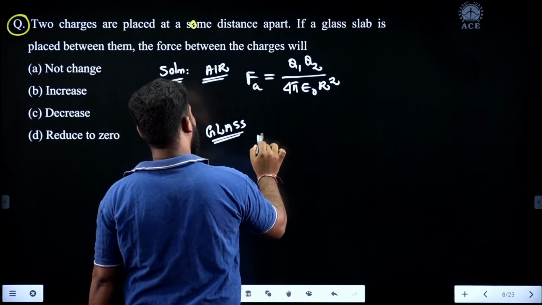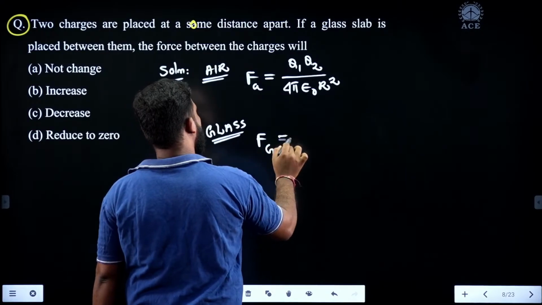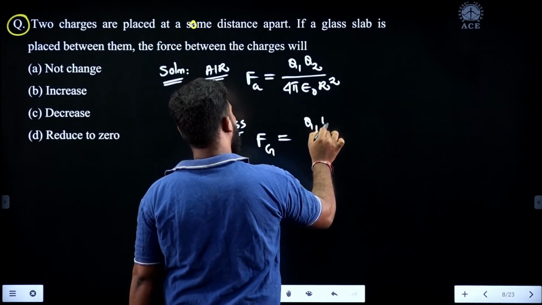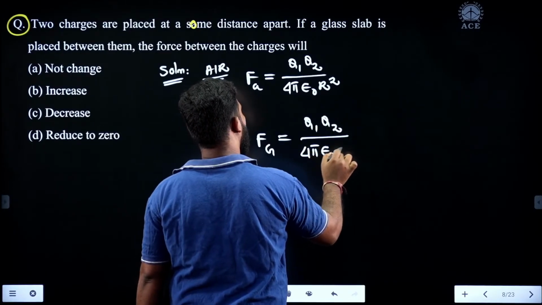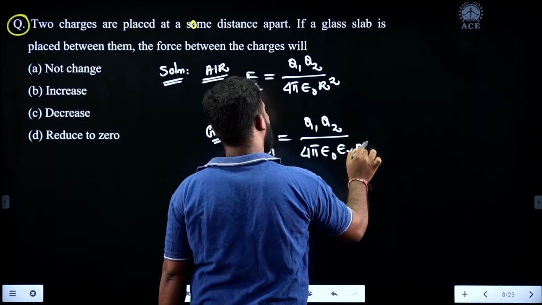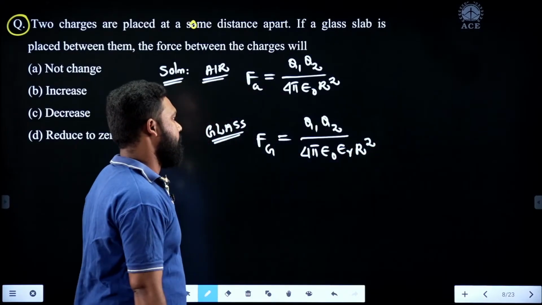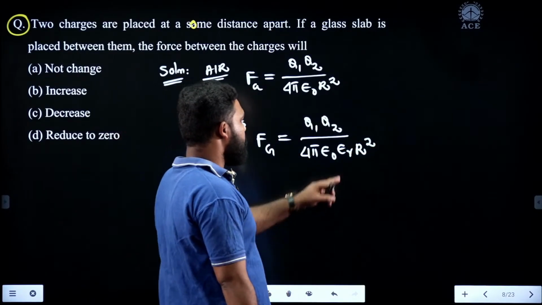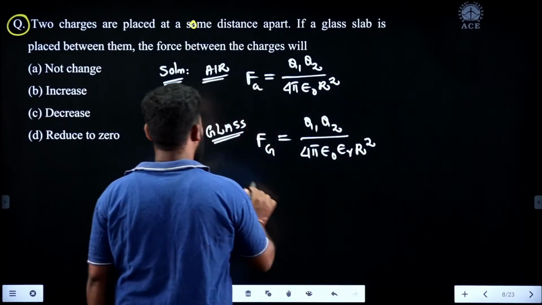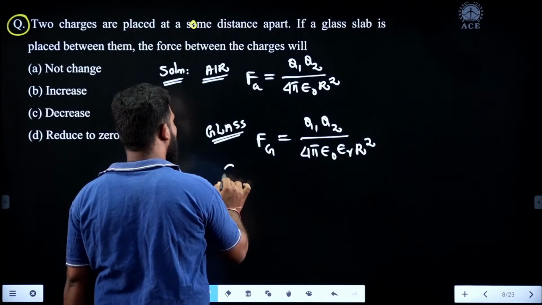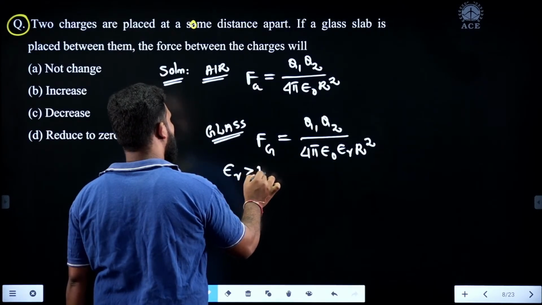I will call this FG. FG is equal to Q1 into Q2 divided by 4 pi epsilon naught epsilon R into R square. Clear? So here there is an extra term, epsilon R for the glass. How much epsilon R is, we do not know, but epsilon R will be greater than 1.